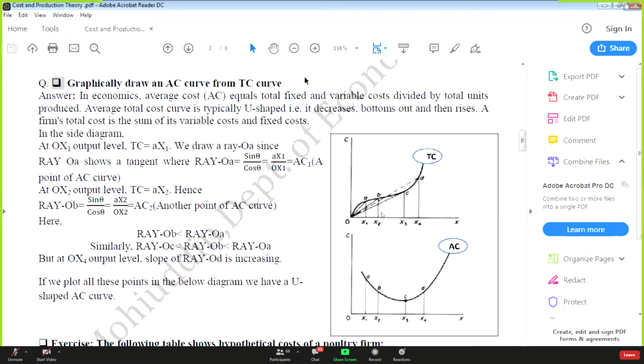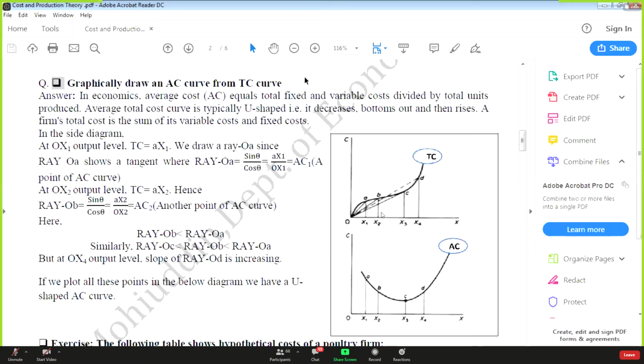Now tell me, your friend at this time, that means after 6 months, now he stays in which concept? Short run or long run? Long run. Yes, because look, six months is not the important point.